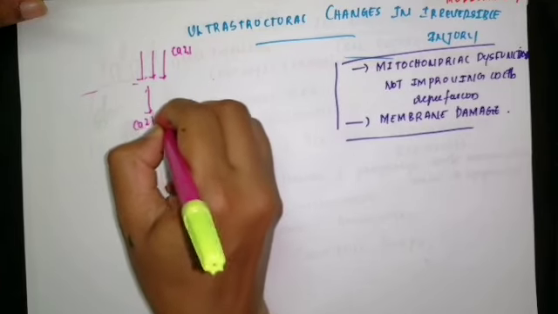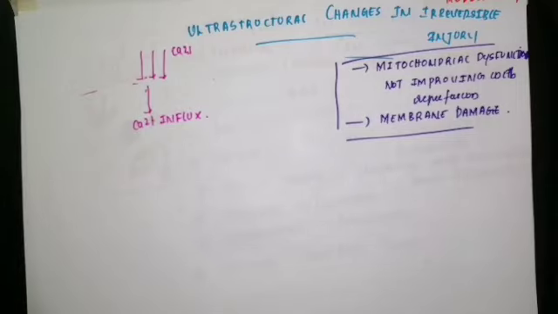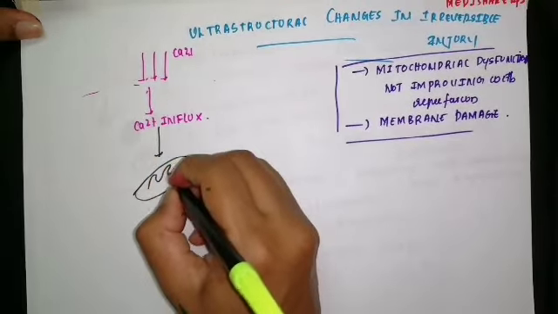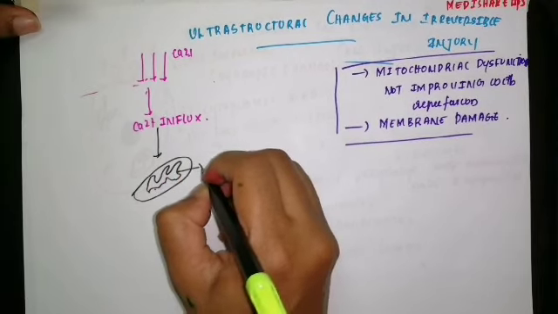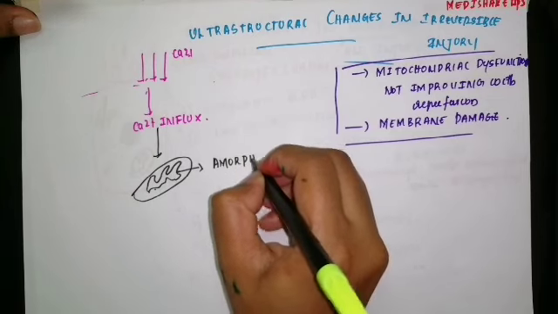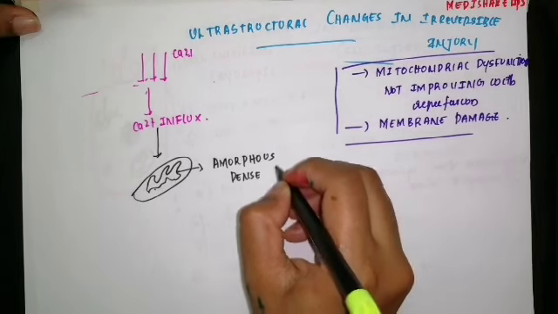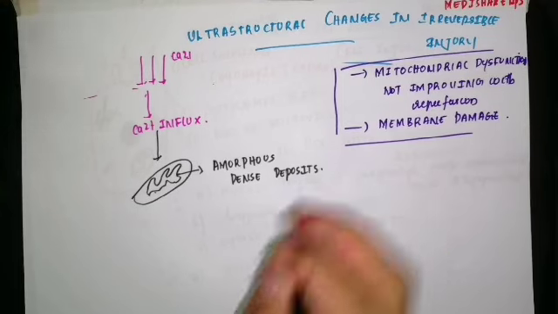When this calcium influx occurs, the calcium is toxic to the mitochondria again. The calcium salts accumulate in the inner mitochondrial membrane, forming amorphous dense deposits. These amorphous dense deposits are a characteristic feature of irreversible cell injury.